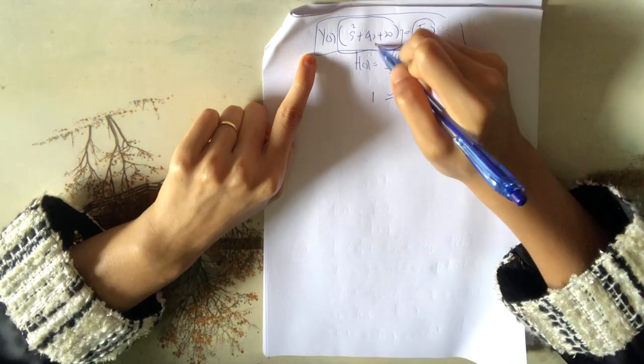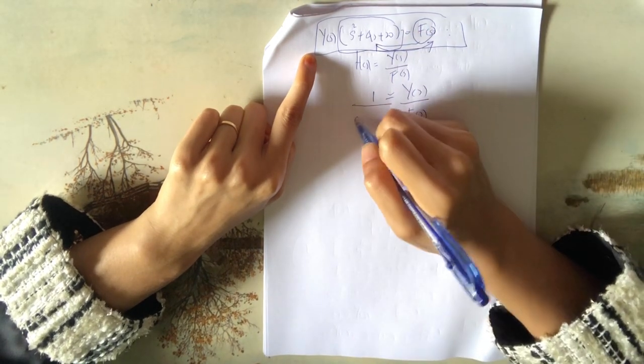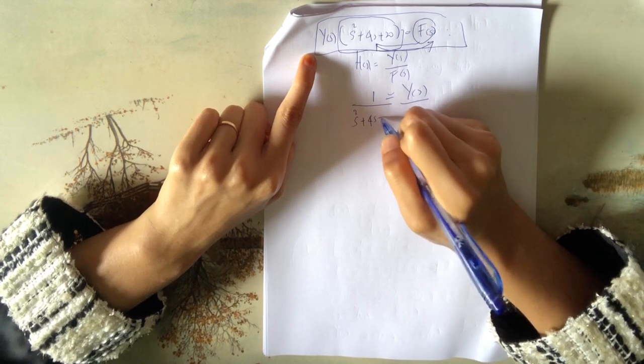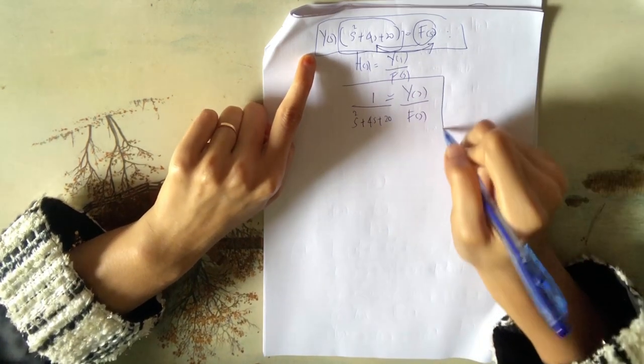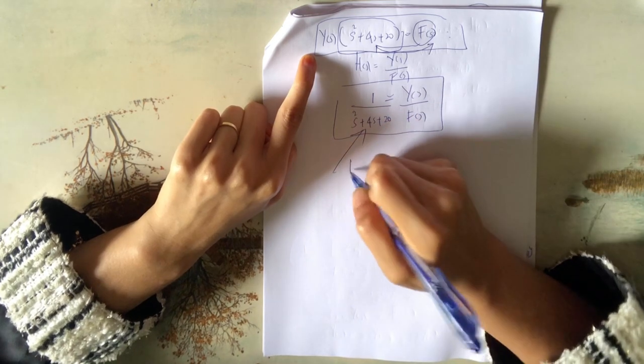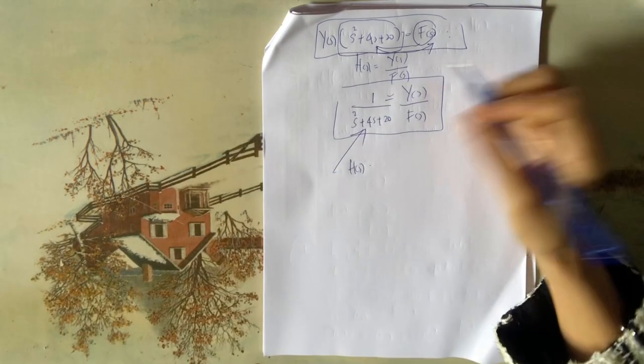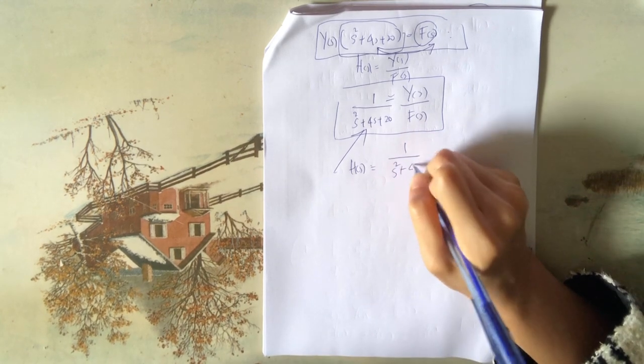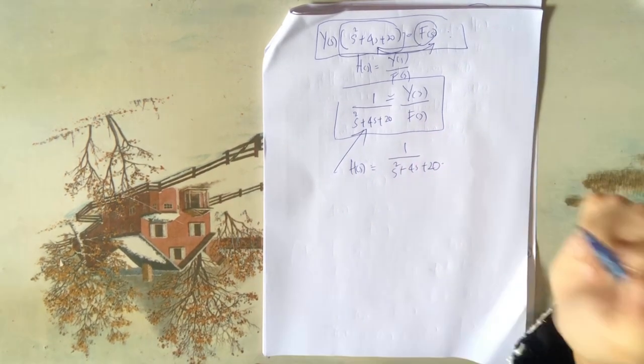This one you bring to this side, so we get s squared plus 4s plus 20. This is your Hs. Hs is equal to 1 over s squared plus 4s plus 20.